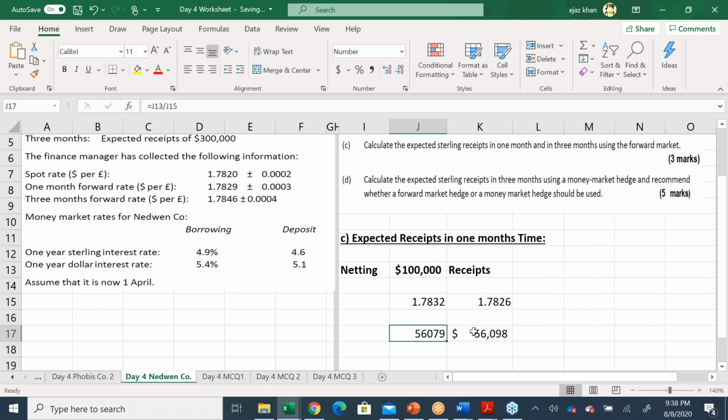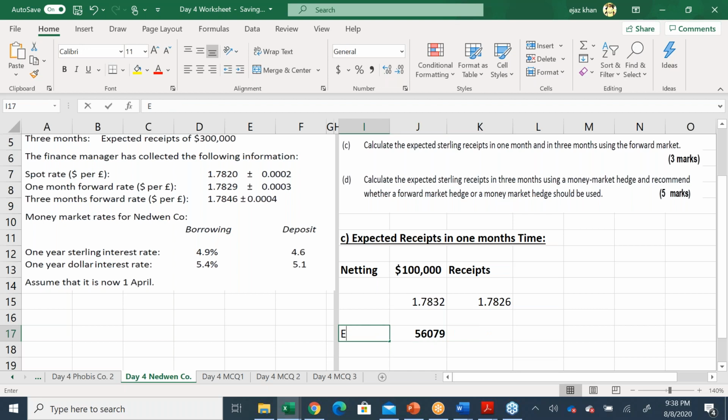The higher one or the lower one? What is the benefit of the bank? The bank will always pay you the lower one, right? Which one of the two is lower? This one. So it means you don't have to take this figure, you have to take this figure.